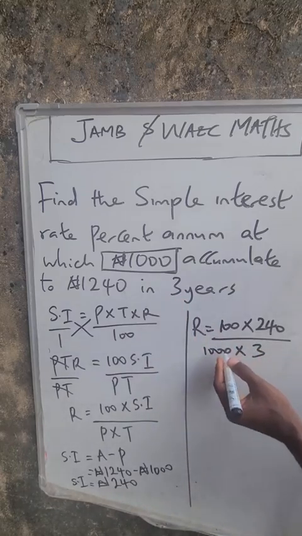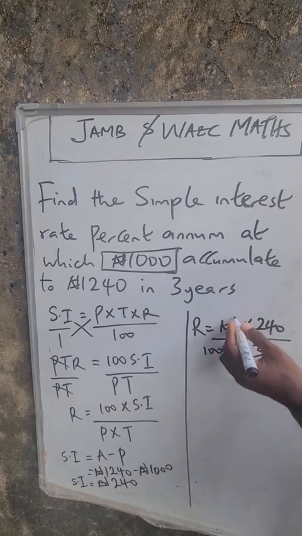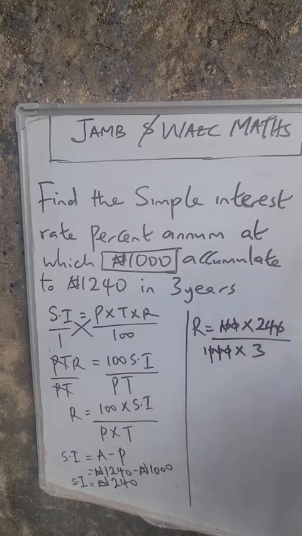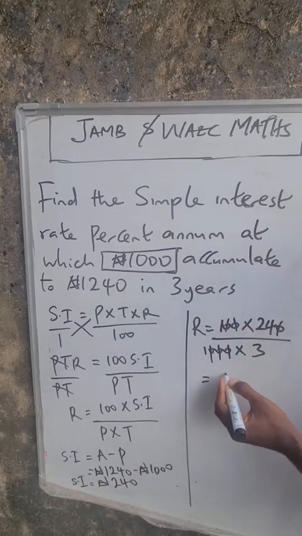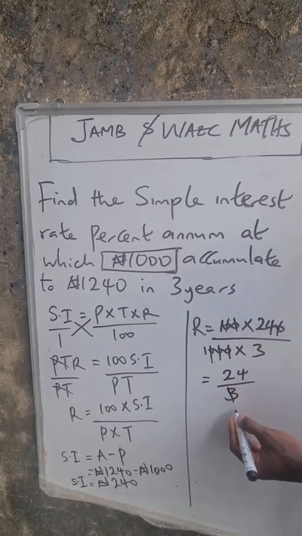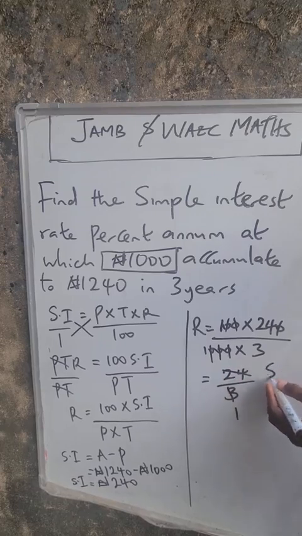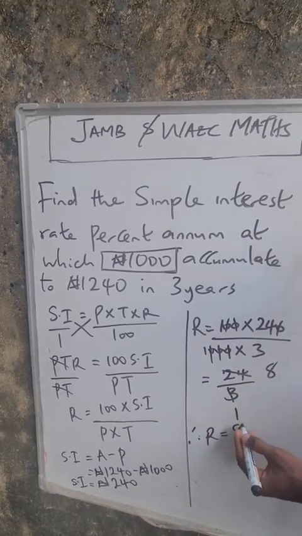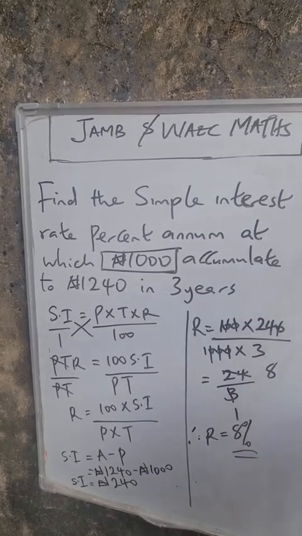When we do that, this 0 cancels this 0, this 0 cancels this 0, and this 0 cancels this 0, so I'm left with 24 all over 3. 3 into 24 is 8. So our rate is equal to 8%. So the rate percent in this question is 8%.